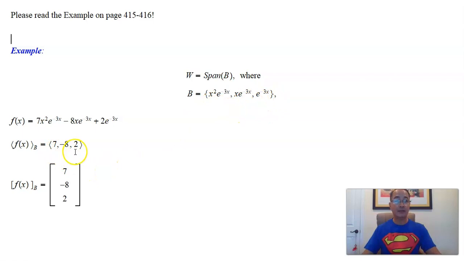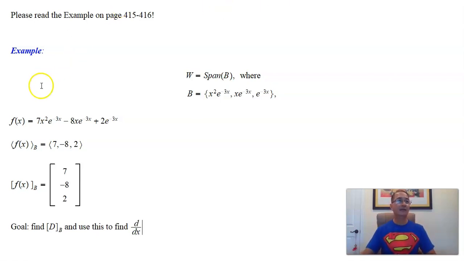And so we found the coordinate vector and the coordinate matrix. Okay, so our goal, of course, is to find the coordinate matrix of the derivative operator with respect to the basis B that we have over here, and use this to find the derivative of this function.